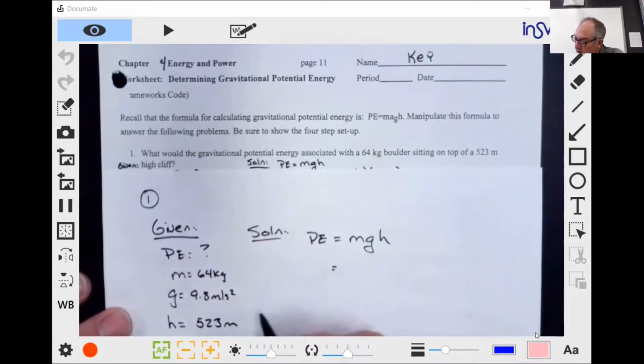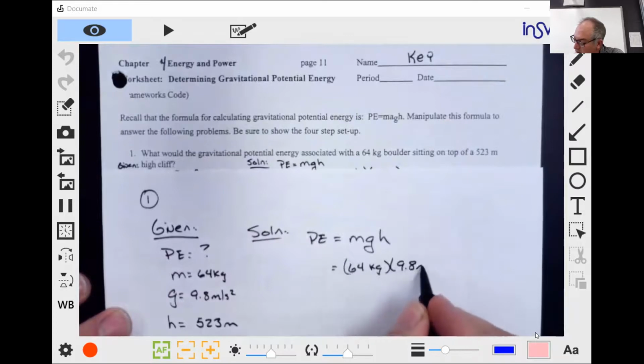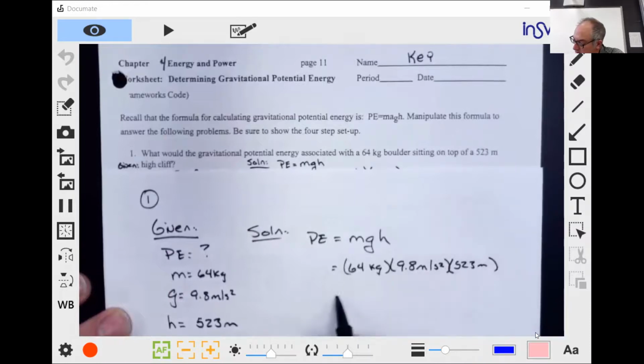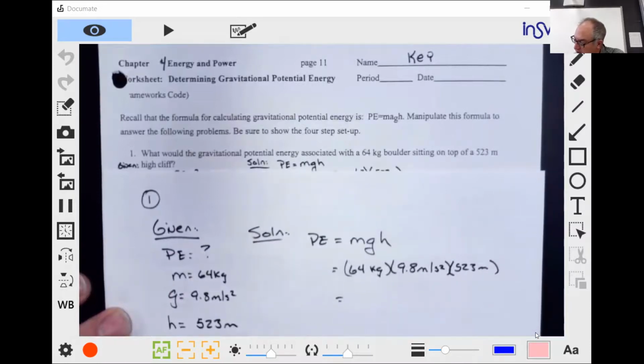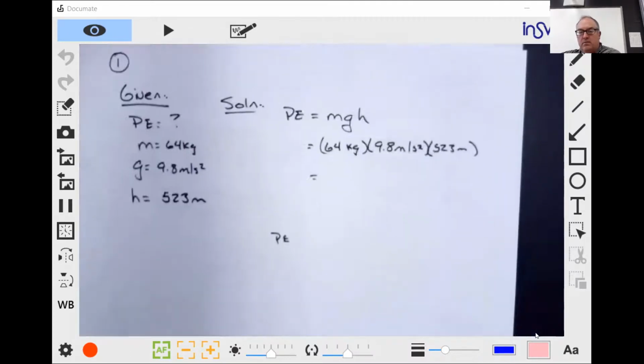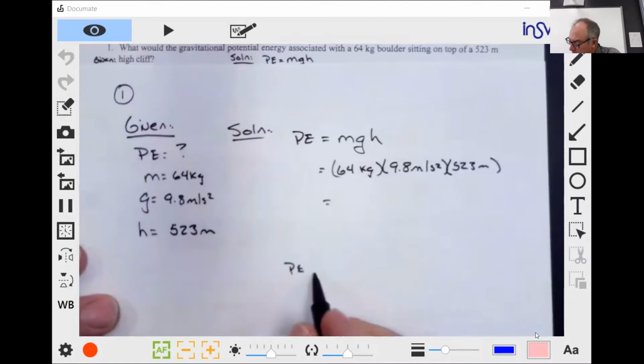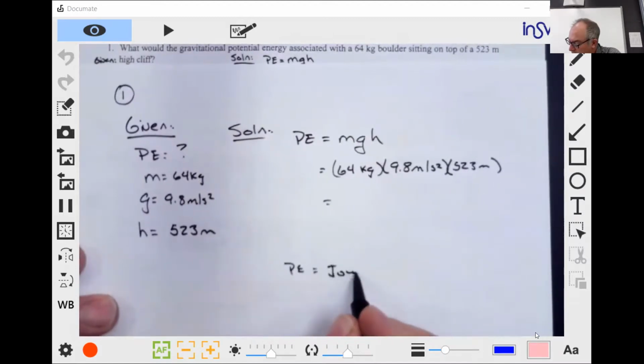Well, I can just plug all these in. And again, I'm showing my units always, what I'm doing. Now, potential energy always has the units of joules.